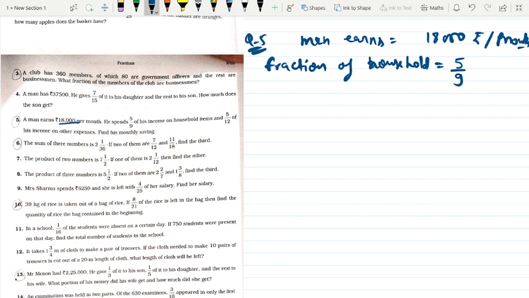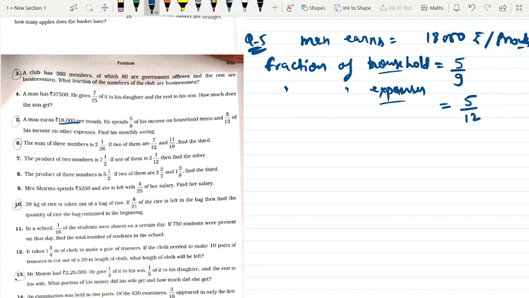Okay, and the fraction of expenses, how much is it given? It is 5/12.